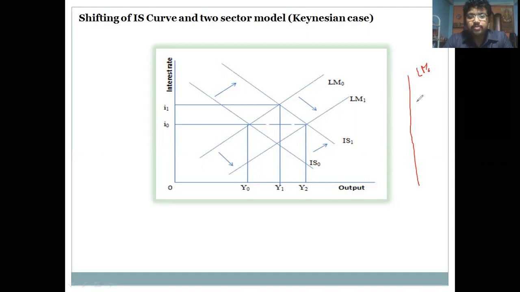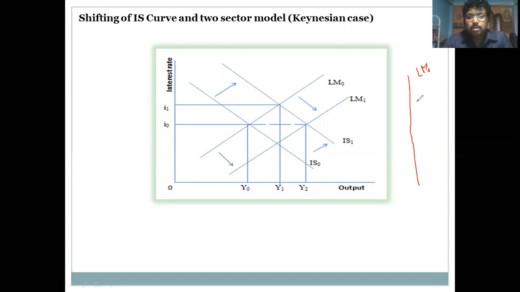But if it is near about perfectly interest inelastic, then its slope is higher. Then the LM curve slope is higher.